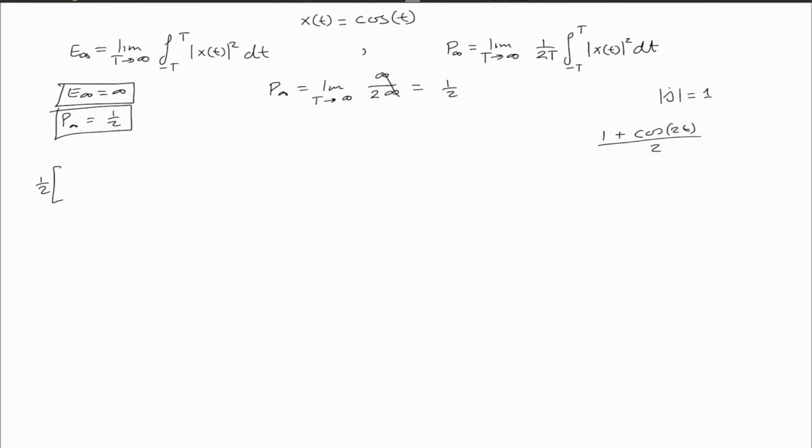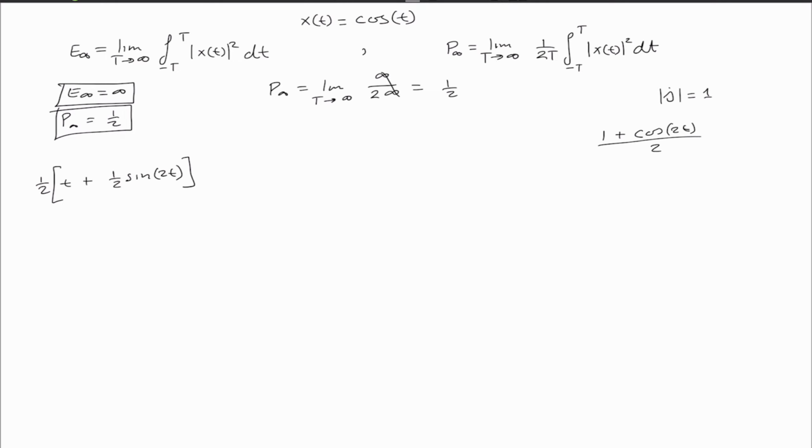integrate 1, we get, in this case, t, and it's going to be added to the integration of cosine 2t, and that's going to equal 1/2 sine 2t.